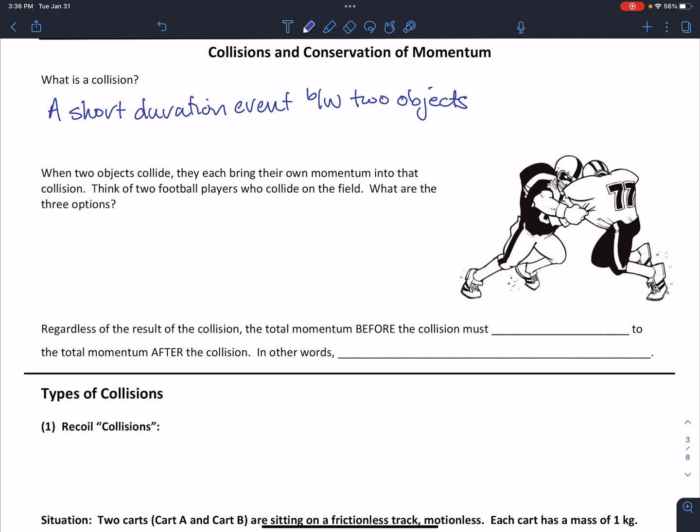So for an example, I was talking about two football players who collide on the field. All right. So if you have player A and player B running towards each other, they are going to run into each other unless one ducks out of the way. There are three real options for what can happen as part of this collision. All right. A could push B backwards.